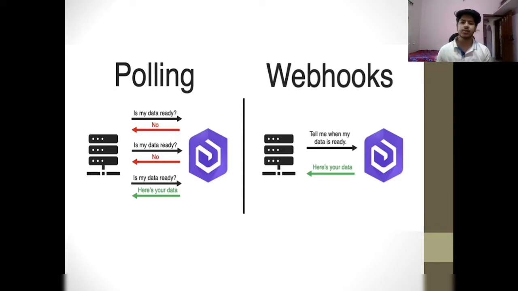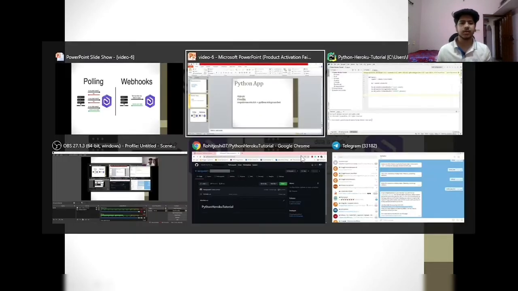It will store that data in the queue, and one by one it will notify you that you have got this update. So webhooks are better to use in case you are creating a web application or deploying it to servers. We will see how to create a webhook here, and let's quickly go to our application.